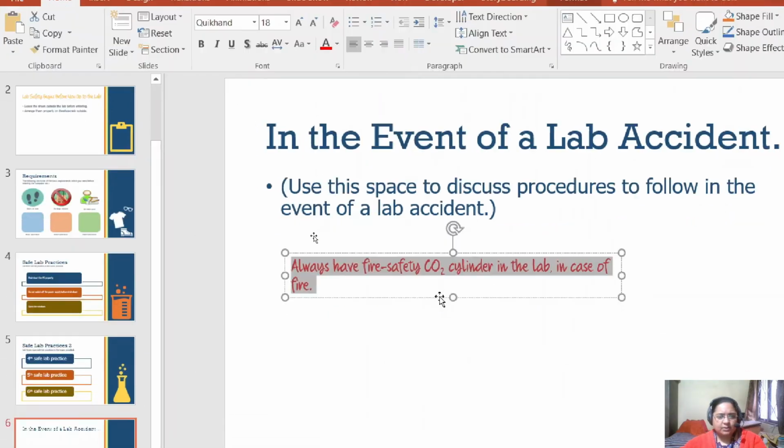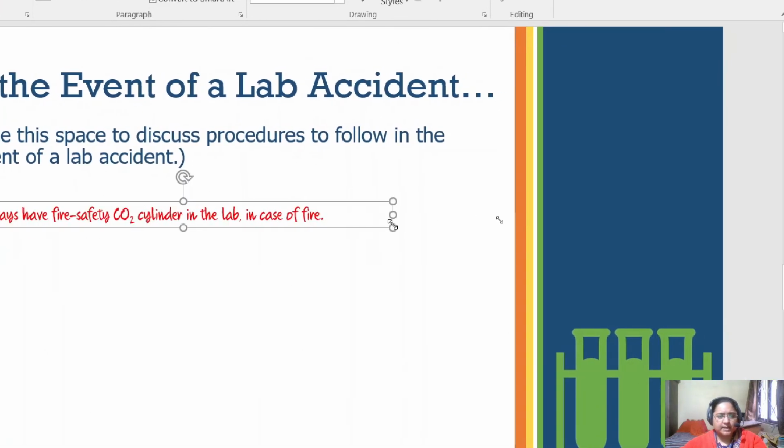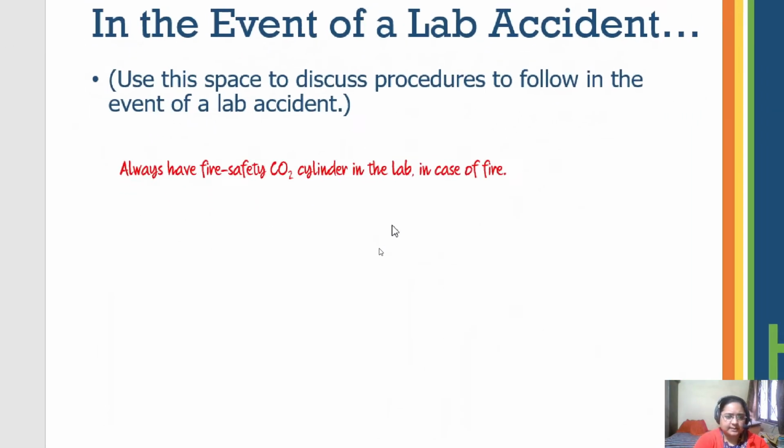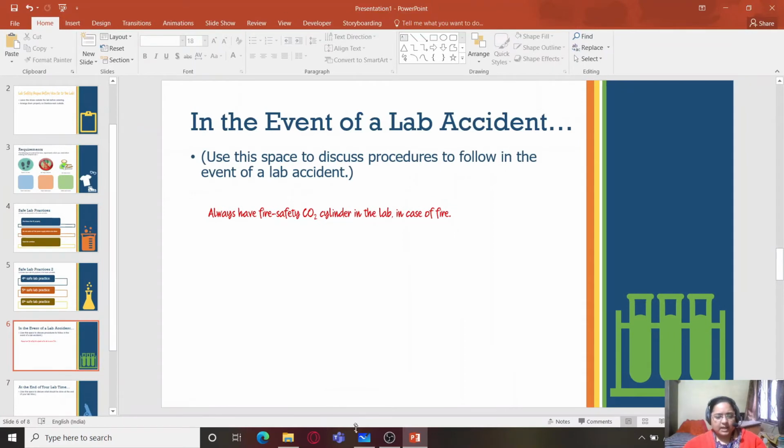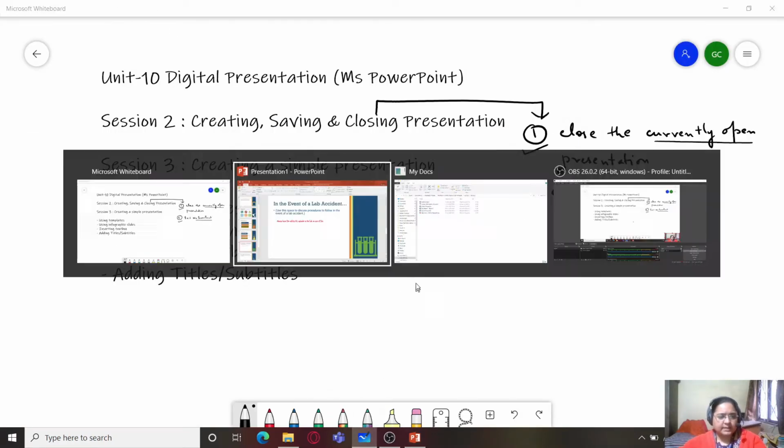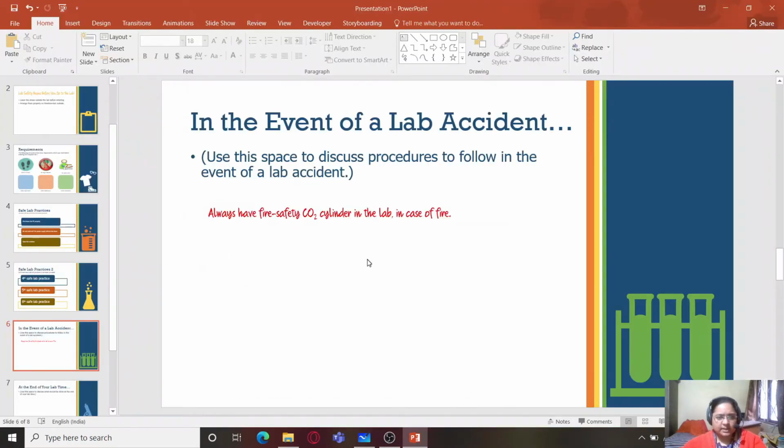These are all things you already know, how to format text in a text box and how to insert a text box. Finally, adding titles and subtitles we have also already seen. So this is a basic presentation which we can create in PowerPoint.